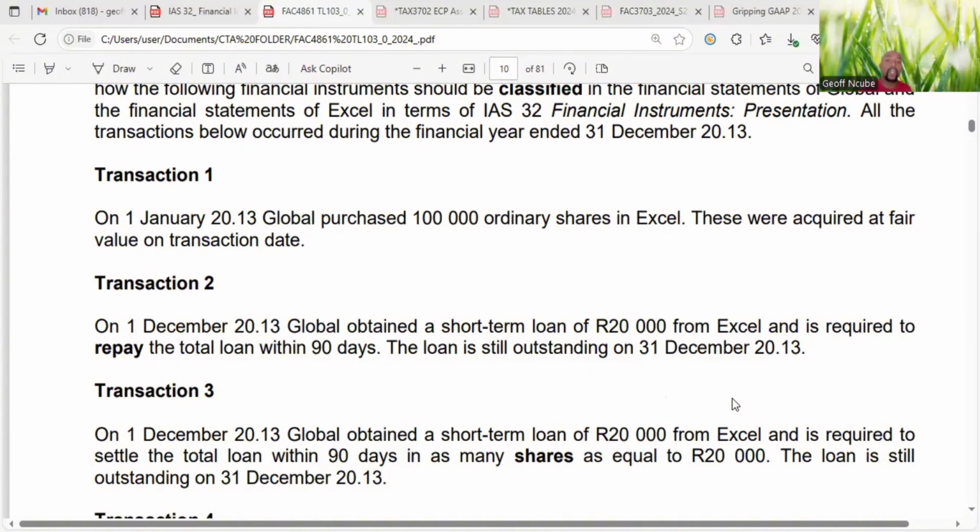You understand? So this is the other situation that will result in a financial liability, even though you are paying back using shares. It will still amount to a financial liability. Are we together there?